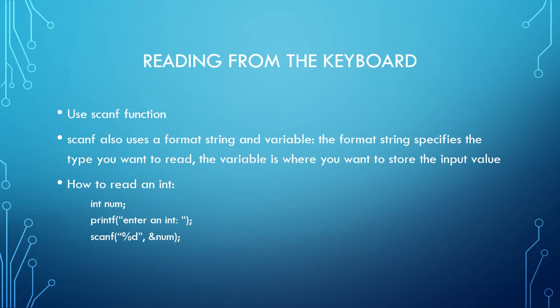So instead of giving the name of the variable in which to put the value, we give the address of the variable in which to put the value. If you find that confusing, then just remember that in scanf, you always must put an ampersand in front of the variable name that you're reading.